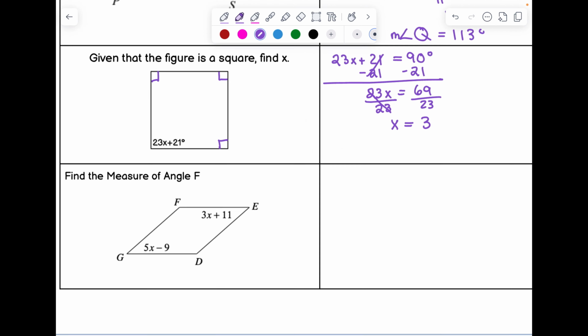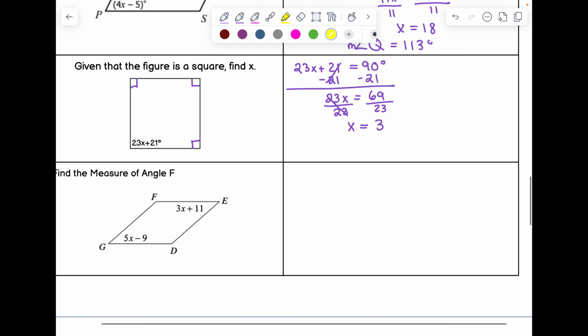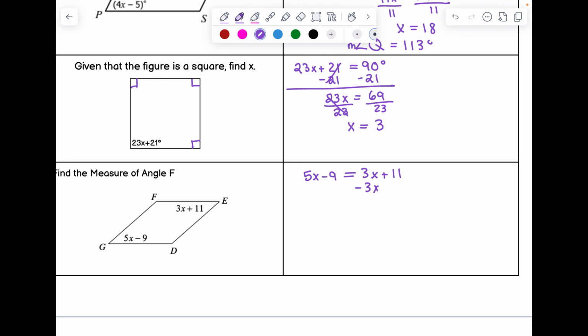Find the measure of angle F. Okay, this one is multi-step, but the first step is we recognize that angle E and angle G are opposite. And so since they're opposite, they're congruent. 5x minus 9 equals 3x plus 11. We're going to subtract 3x from both sides.